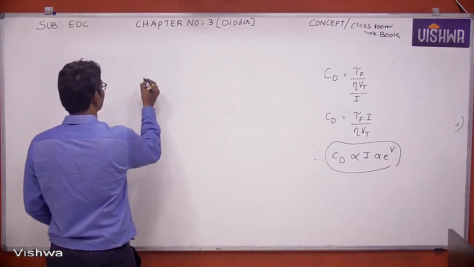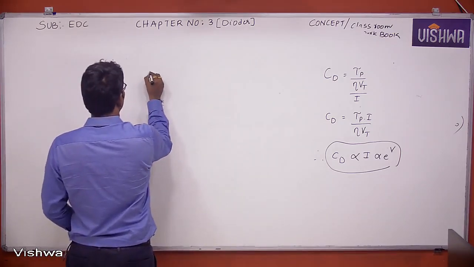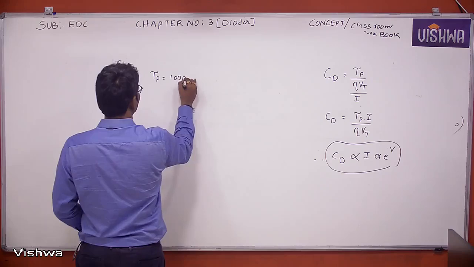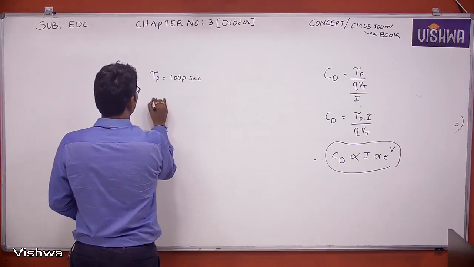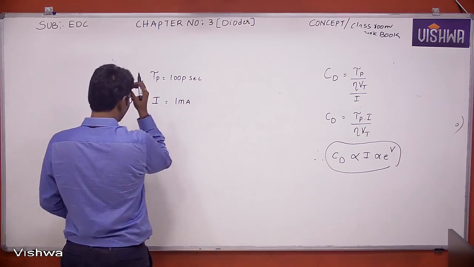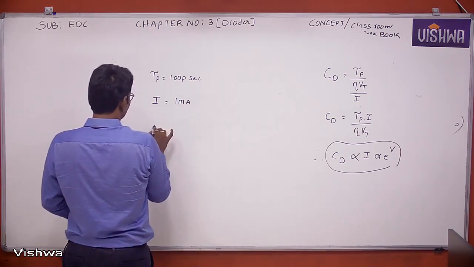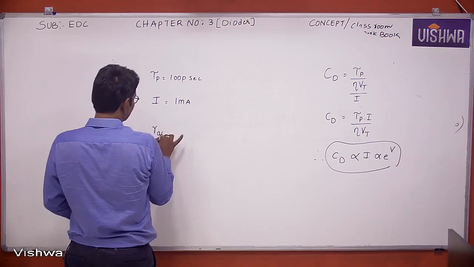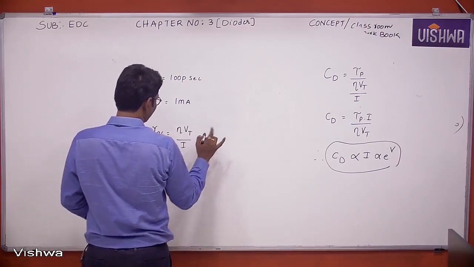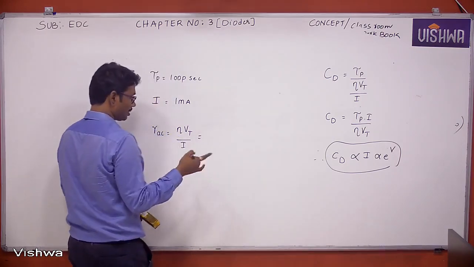See here. What is the given data? They gave carrier lifetime 100 picosecond. Also, it is biased at 1 milliampere. What do we want to calculate here? Small signal resistance. Small signal resistance is nothing but RAC equal to eta into VT by I. Actually, in the question, silicon or germanium is not mentioned.